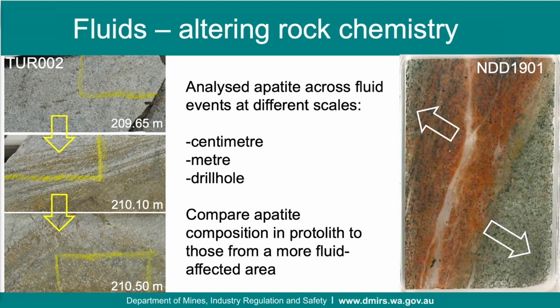So we're going to sample apatite from this area and that area, characterize the potential fluid that formed them, and every stage in between, how it changed. So that's a meter scale.